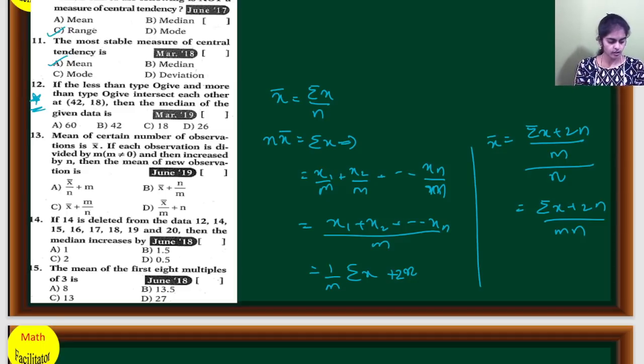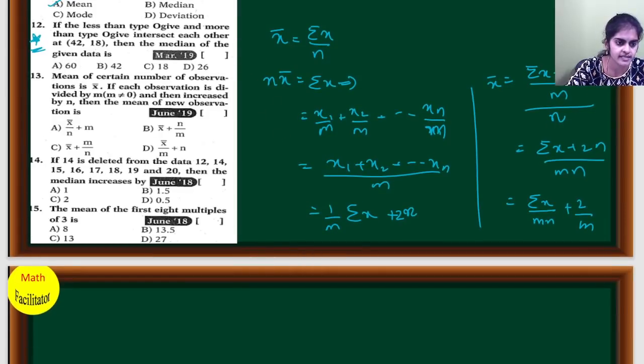Options are not matching. Give me 1 second. Question number 13. Yes, x bar by m. So this will be sigma x by mn plus n by m you will have. So what is sigma x?